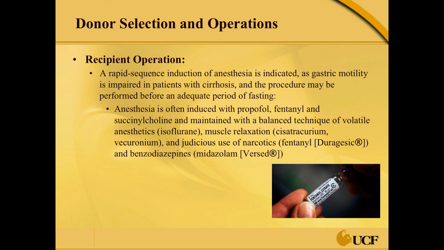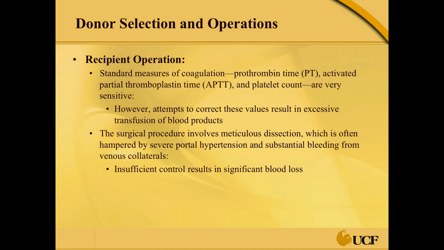And then they'll actually induce the patient with that and then maintain them through the procedure using a balanced technique of volatile anesthetics like isoflurane, muscle relaxation like with vecuronium, and judicious use of narcotics like fentanyl and benzos like Versed or midazolam. All right, so this is going to be an unbelievably invasive procedure, so we're going to want to keep the patient under extreme anesthesia.